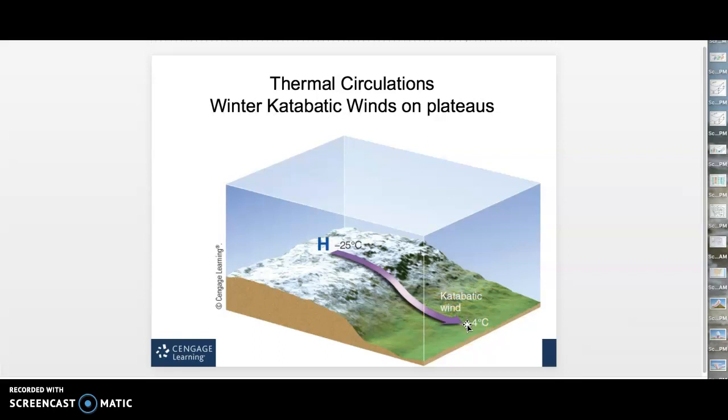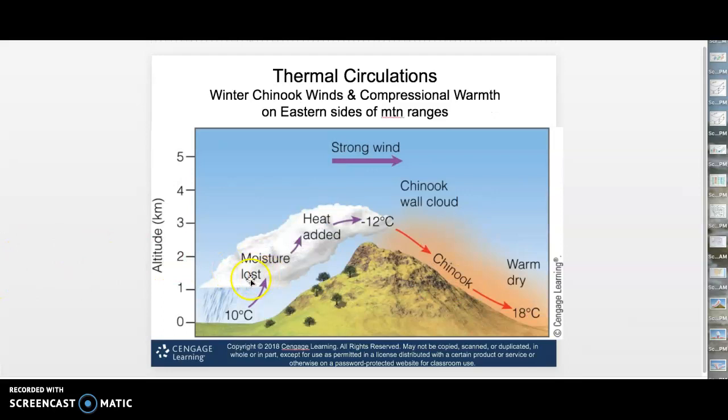That's a katabatic wind. It's a bit similar to the Chinook winds that we talked about on the eastern side of the Rockies impacting Denver. The Chinook winds are like katabatic winds. The difference is the katabatic is the plateau.